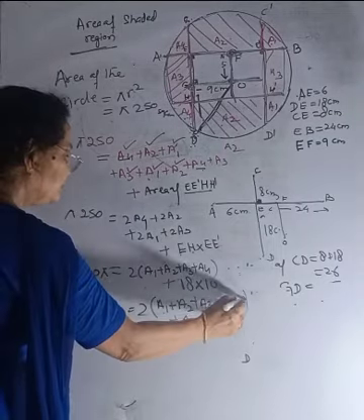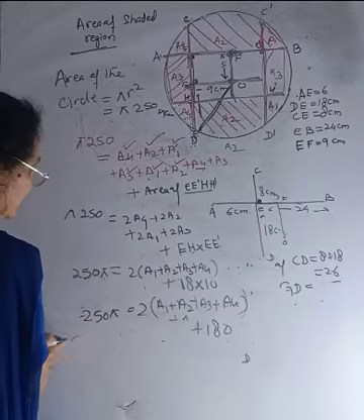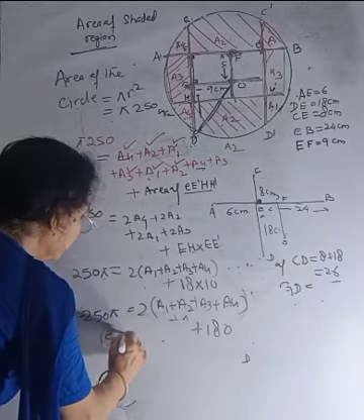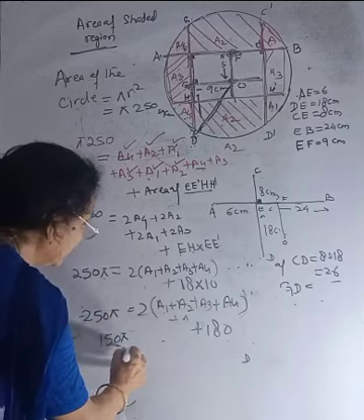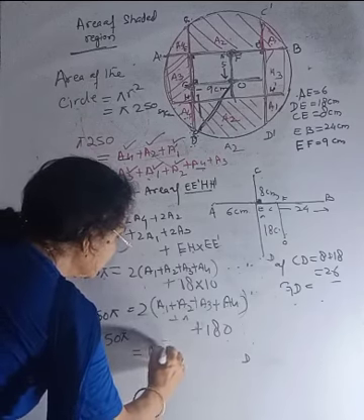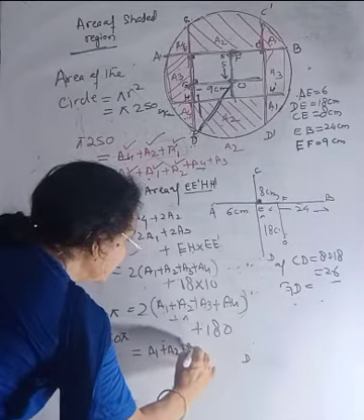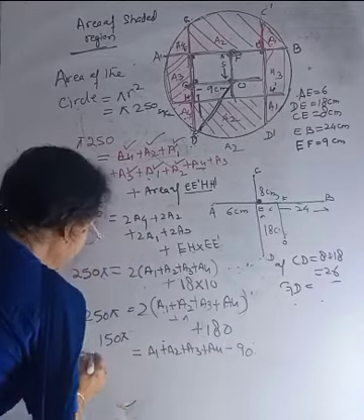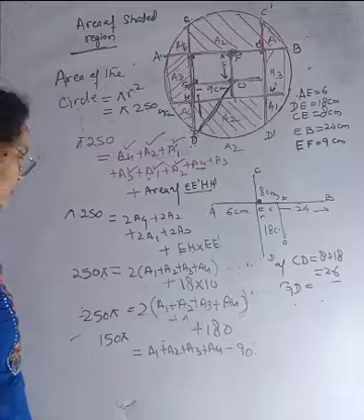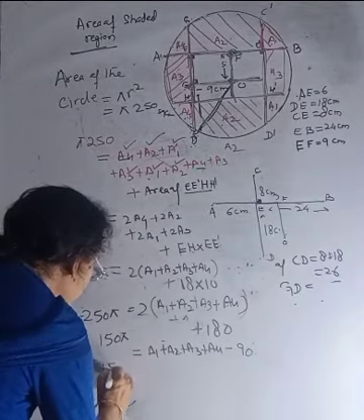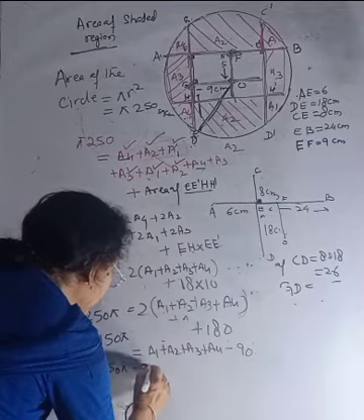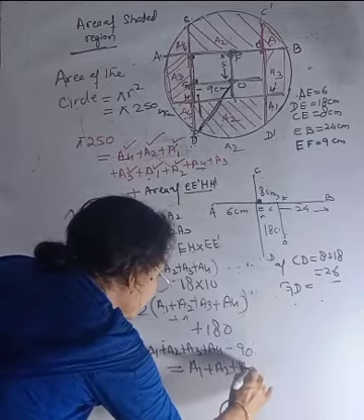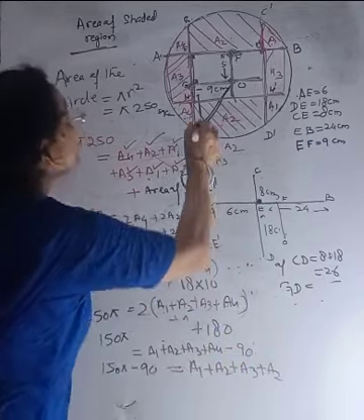Now this 180 will come back over here, or we divide the whole equation by 2. Then we get 125 pi equal to A1 plus A2 plus A3 plus A4 minus 90. Bring this 90 over here, the answer will be 125 pi minus 90, which is equal to A1 plus A2 plus A3 plus A4.